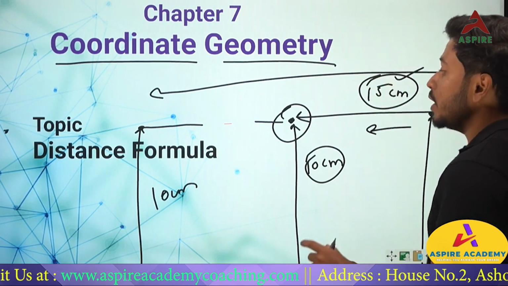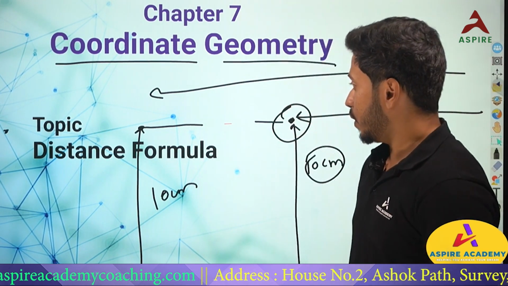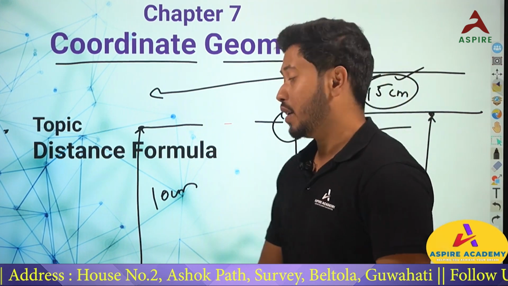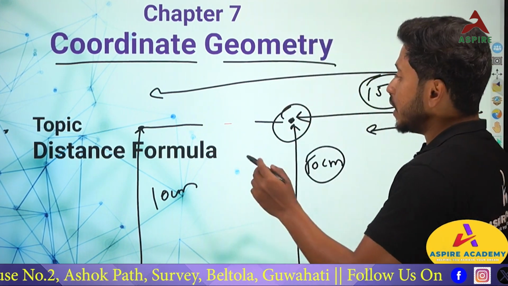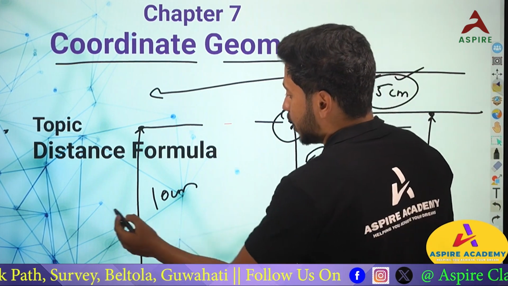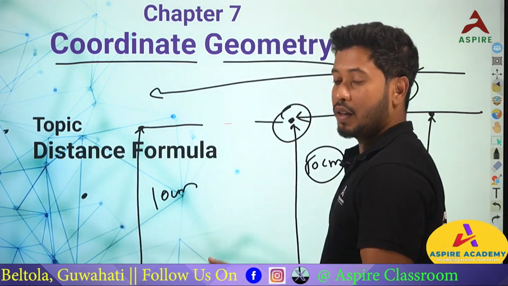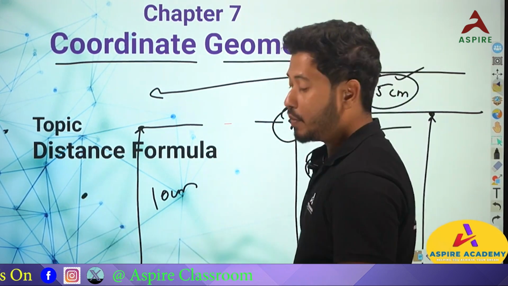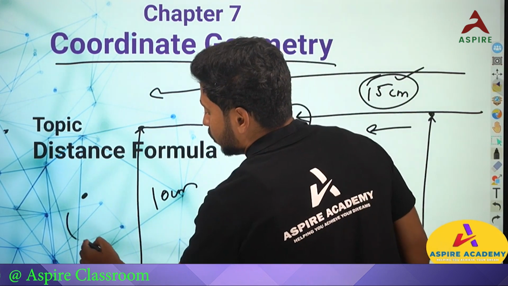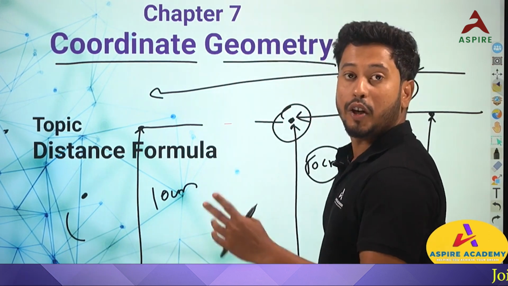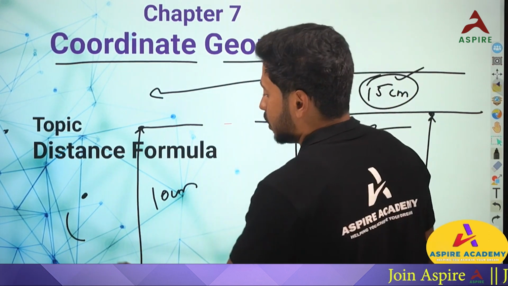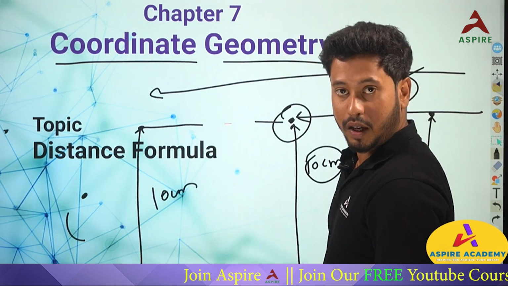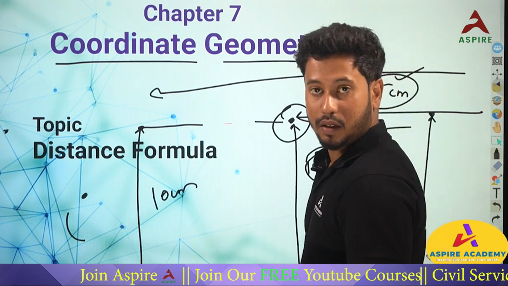So what I want to discuss is that if we have to locate a point, any kind of point or any kind of thing, we have to give two measures, one vertically and one horizontally.